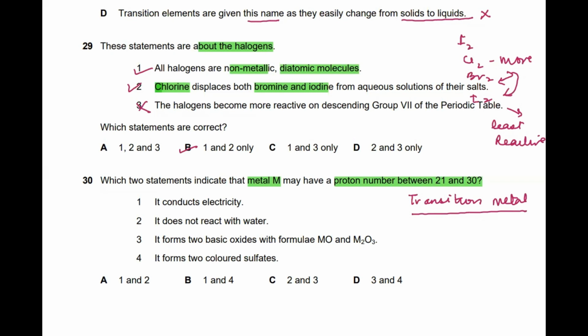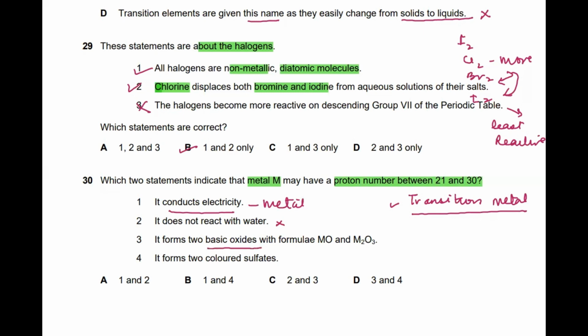Which statements prove that they are the transition metals? Conducting electricity, all metals do. All the metals do, so it's not specific to transition metals only. Then we have the next one. It does not react with water. Some of the transition metals do react.